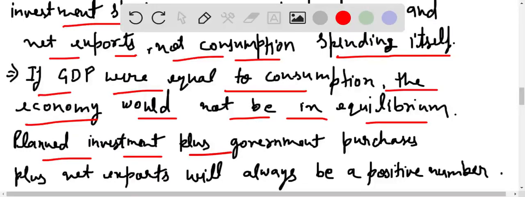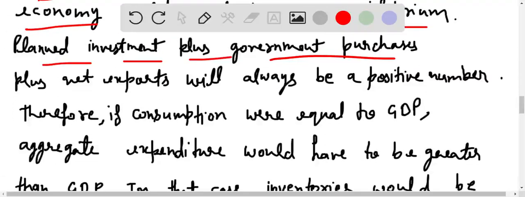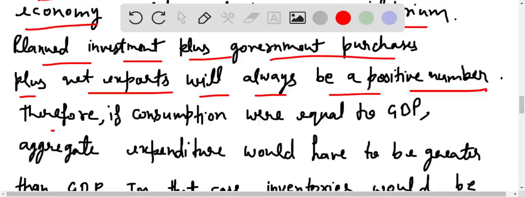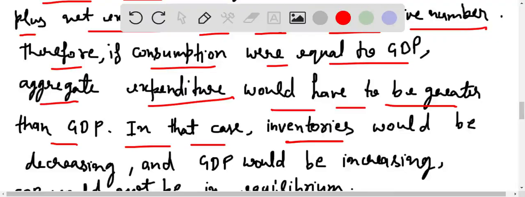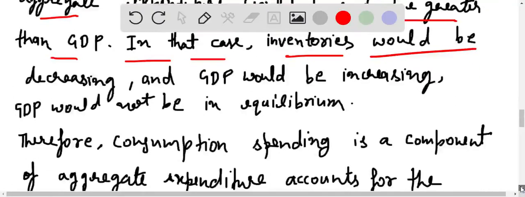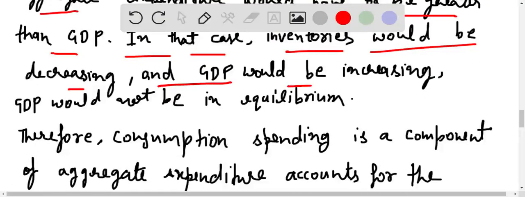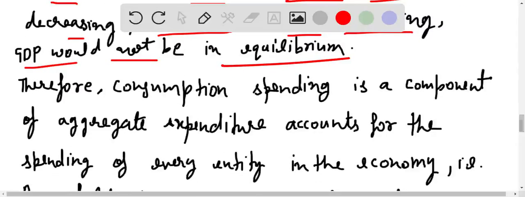Plant investment plus government purchases plus net exports will always be a positive number. Therefore, if consumption were equal to GDP, aggregate expenditure would have to be greater than GDP. In that case, inventories would be decreasing and GDP would be increasing. GDP would not be in equilibrium.